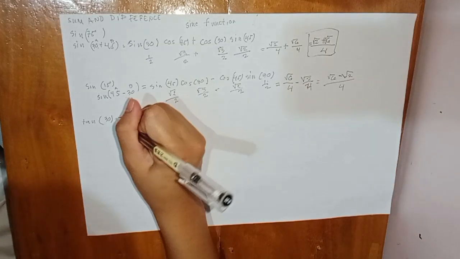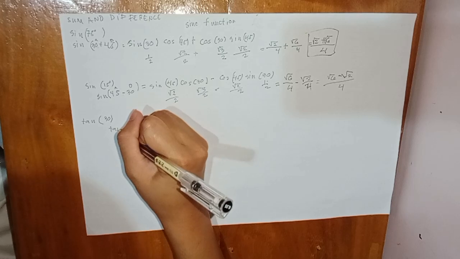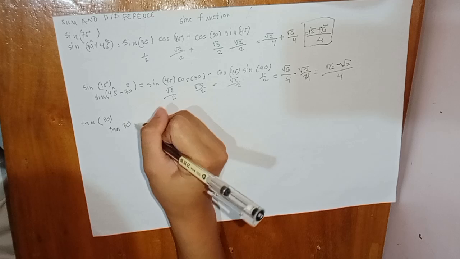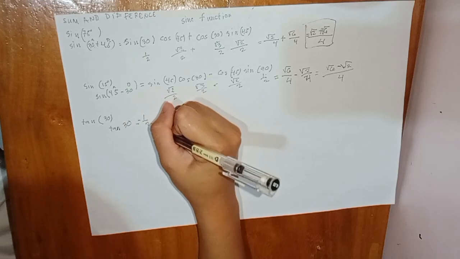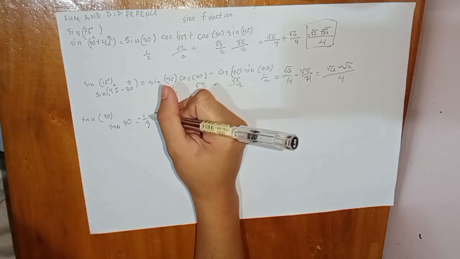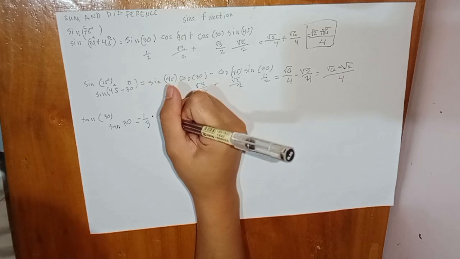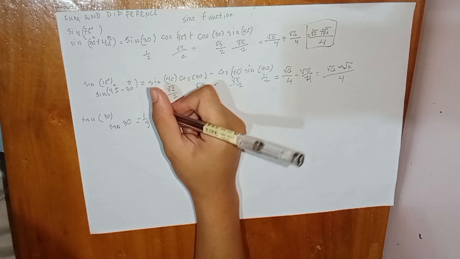So since tangent 30 is equal to 1 over square root of 3, we're going to rationalize.